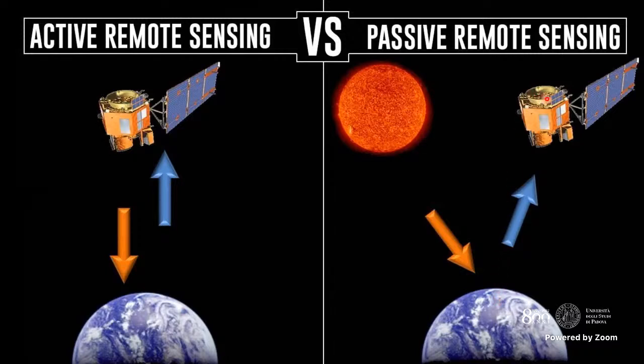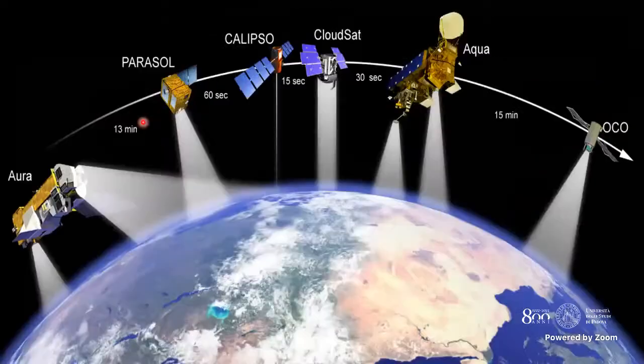The satellite is going to capture that radiation and analyze it. So this is the difference between active and passive remote sensing. Basically, if the source is natural, it's passive. If it's artificial and comes from the detector itself, for example the satellite, it's active remote sensing.